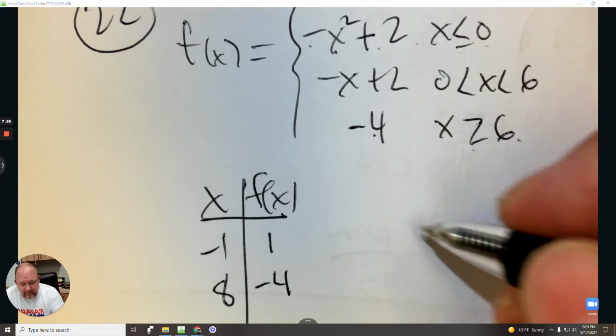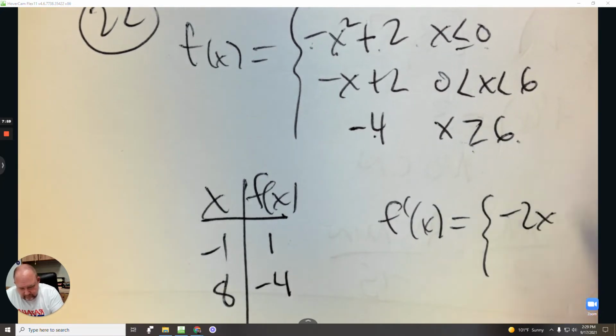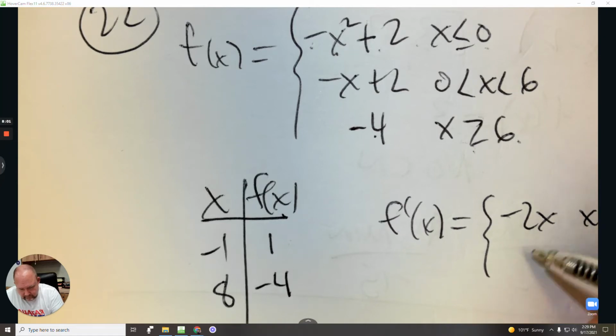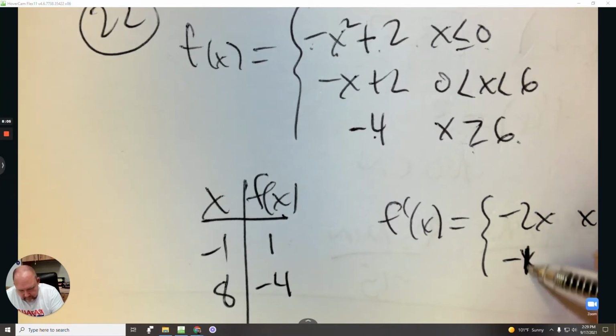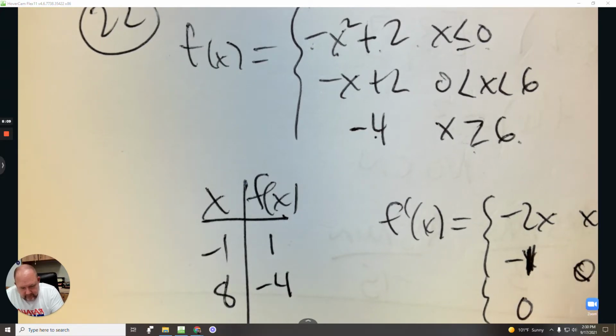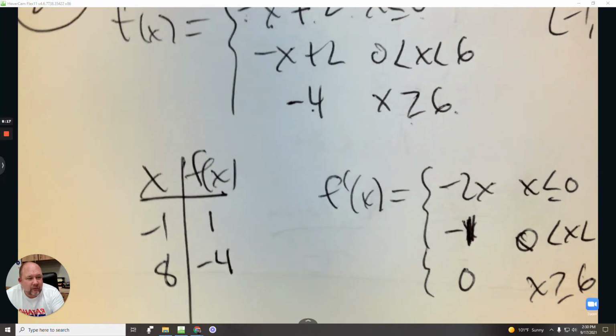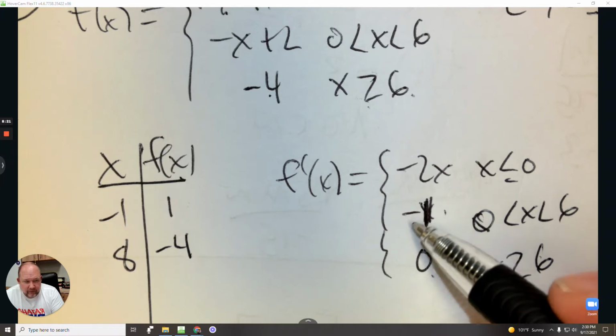Then the derivative. So when I take the derivative, if we don't have a variable, we can't solve for when the derivative is 0.